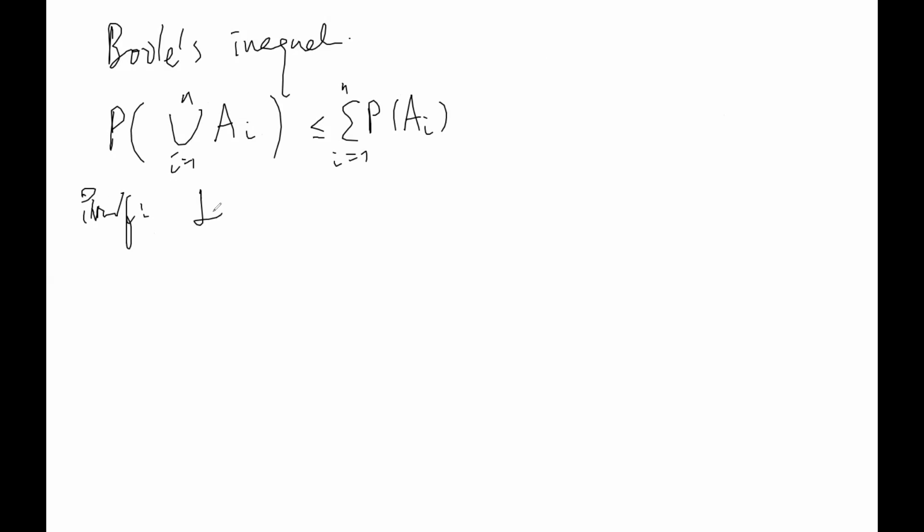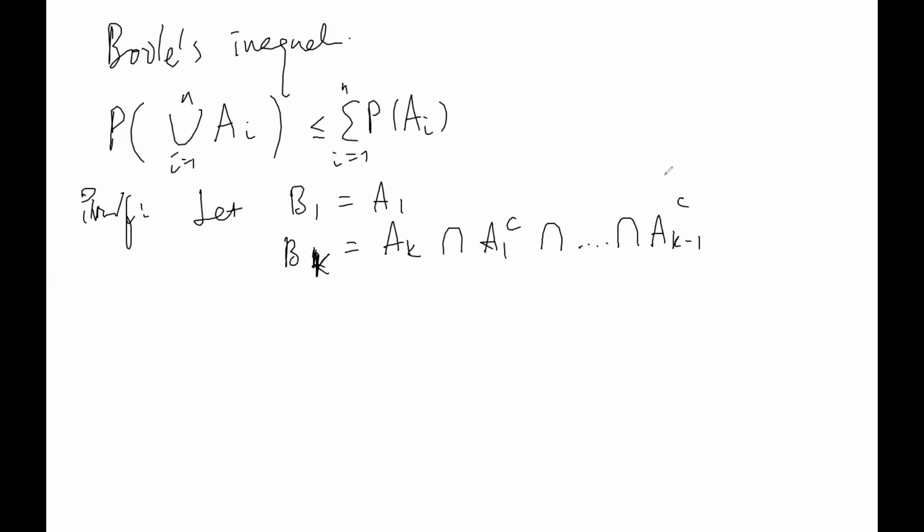You let B1 equals A1, then B2 equals A2 intersect A1 complement, and the BK equals AK intersect A1 complement and so on. Therefore your BK are disjoint.